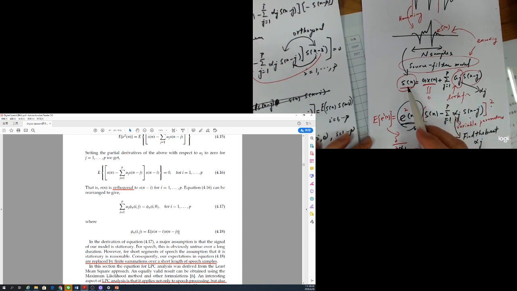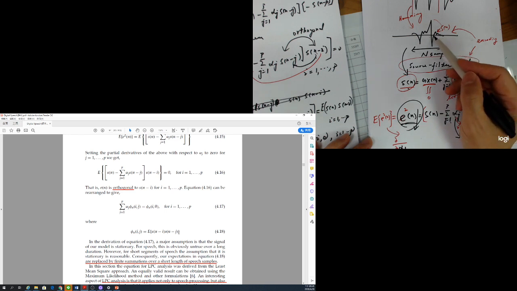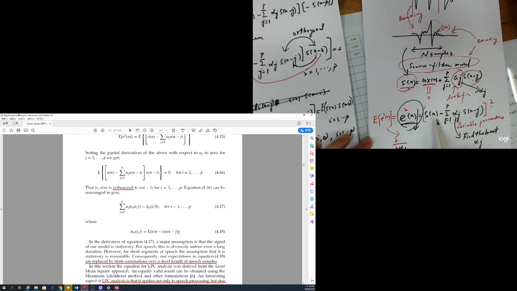We are trying to make this trigger signal close to 0 based on the original signal and your previous signal. So we are trying to build the model, and then get the parameter alpha j.